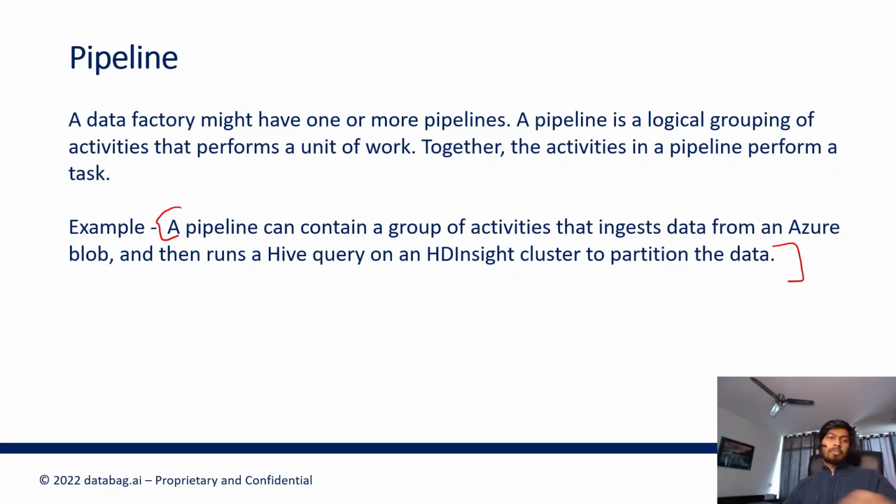So I've copied this example statement from the document itself. It says a pipeline can contain a group of activities that ingest data from an Azure blob and then run a Hive query on an HDInsight cluster to partition the data. This is a basic example they have given there, but we will see another example which will help us understand in an easy manner.